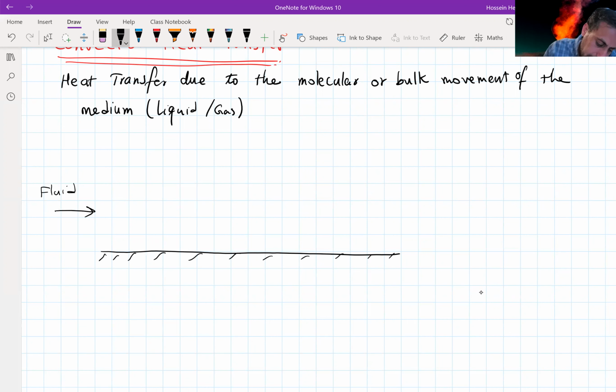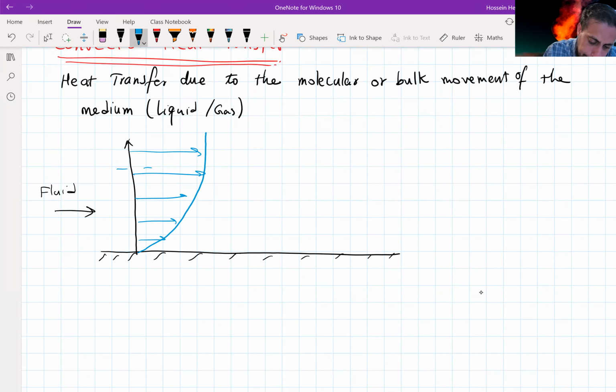From fluid dynamics, you would remember that when this fluid is flowing through this flat surface, we will have no slip condition at the wall. So here the velocity will be 0.